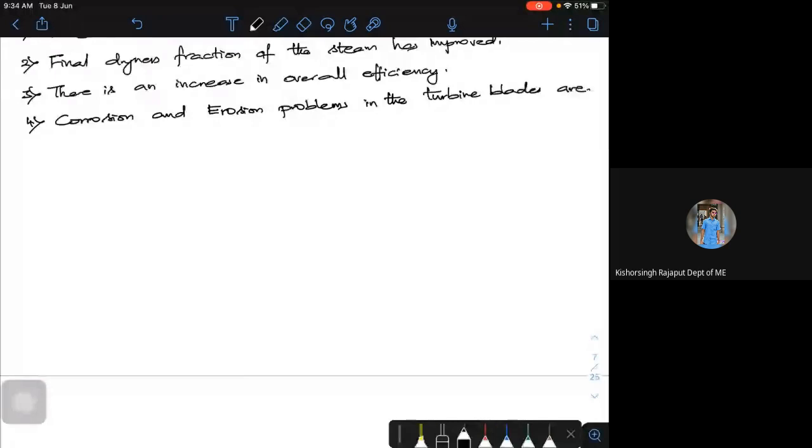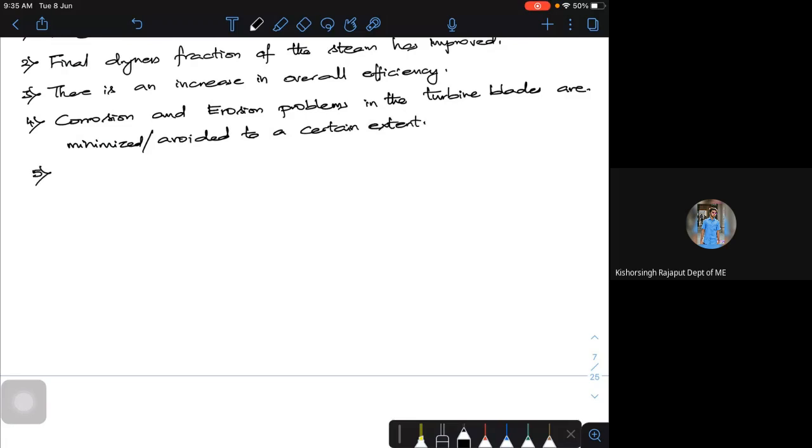Or maybe we can avoid it to a certain extent. You can't completely eliminate it, but we can improve that condition.